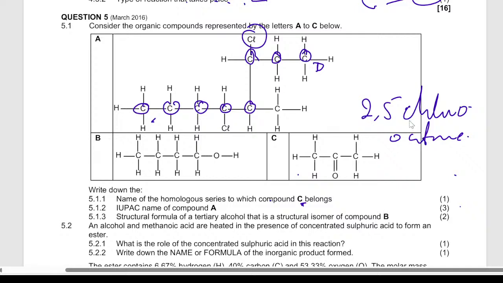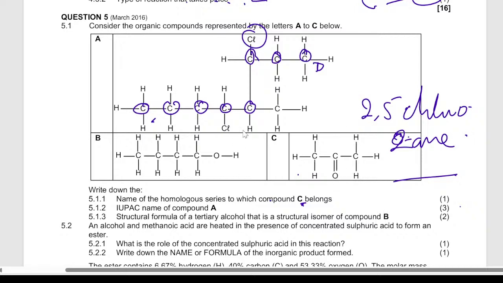Chloro. 2 in like this. Oh, 2,5 chloro, 2 in like this.